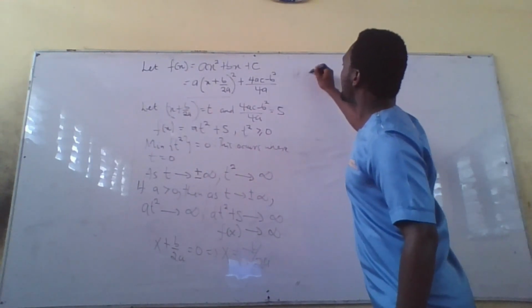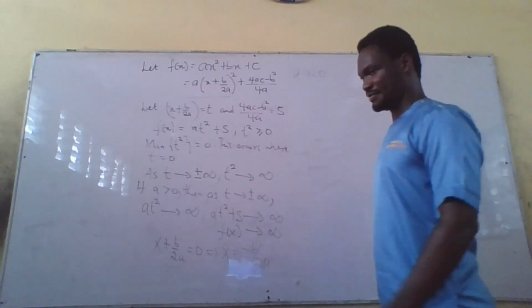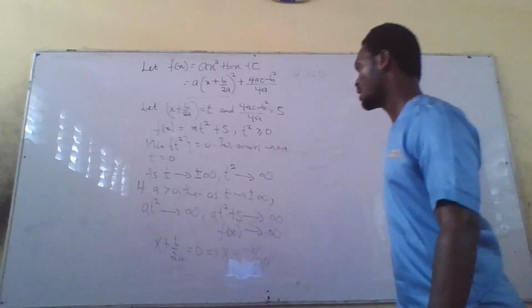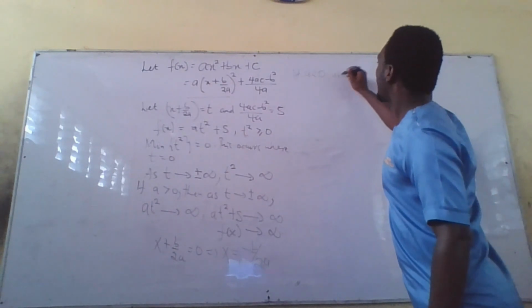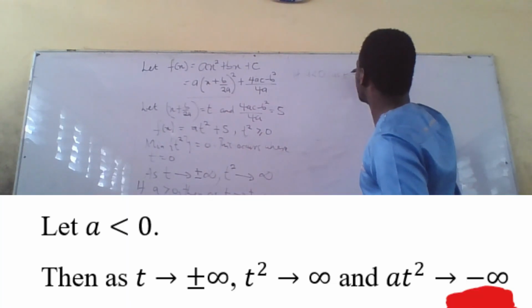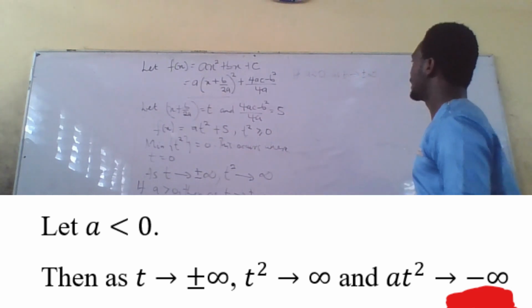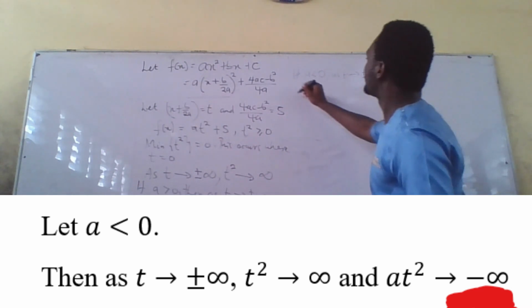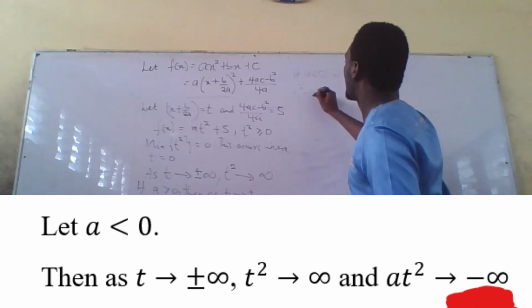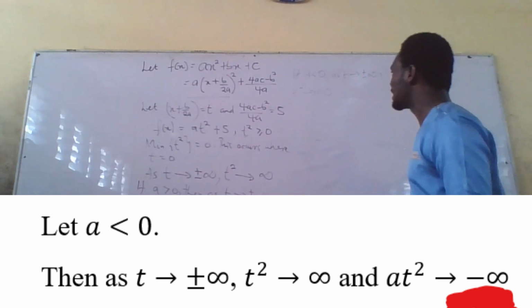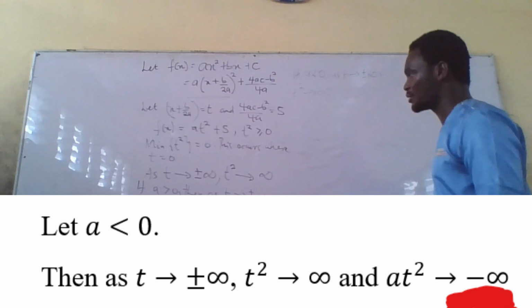Now, if a is negative, what will happen? So we continue from here. As t approaches plus or minus infinity, again, we have t squared approaching infinity just as before. But what happens to a t squared?